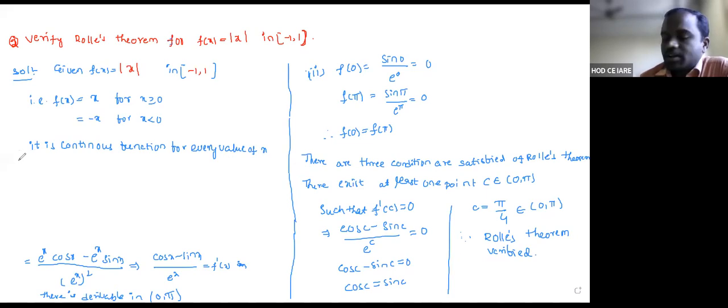Therefore, f of x is continuous in the closed interval of -1 comma 1.